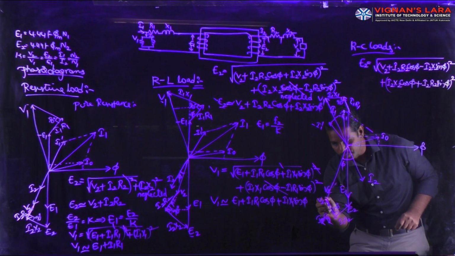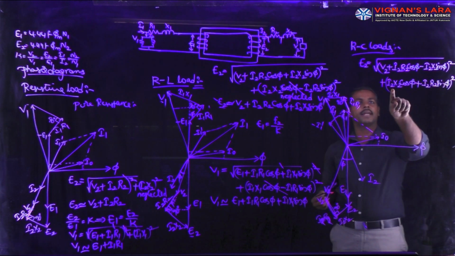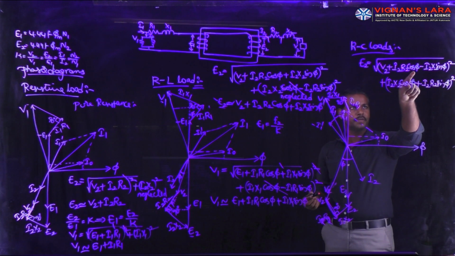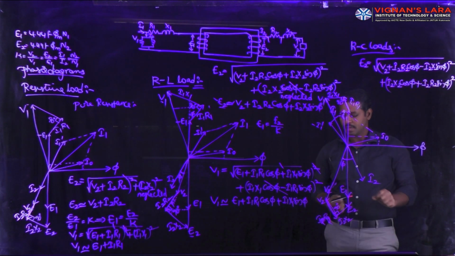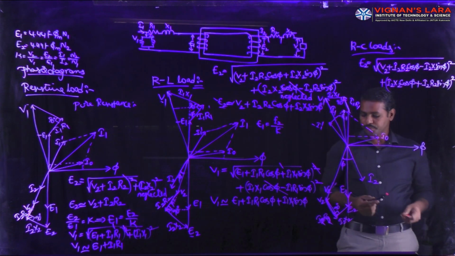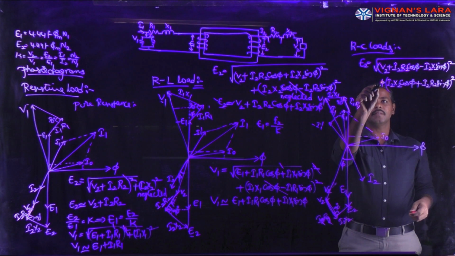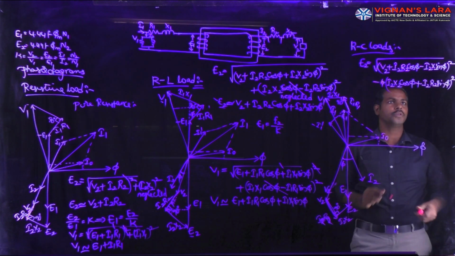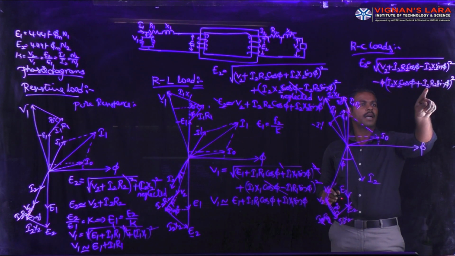By simplifying this diagram, we get V2 plus I2 R2 cos phi minus I2 X2 sin phi. Another one is, sorry, minus I2 X2 cos phi plus I2 R2 sin phi.